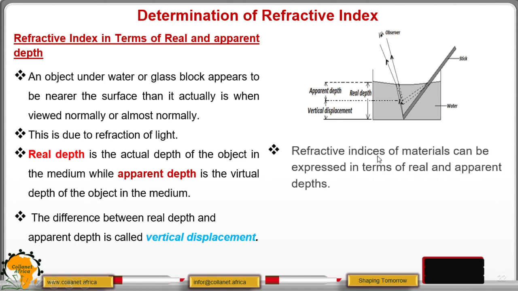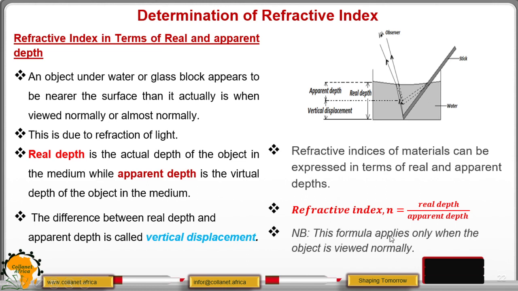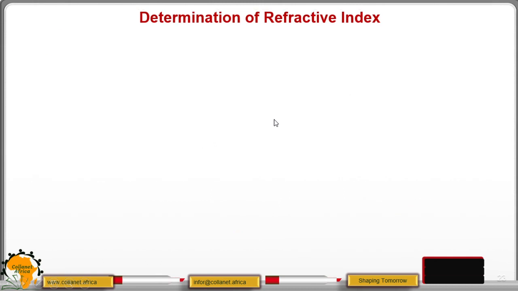Refractive indices of materials can be expressed in terms of real and apparent depths. By definition, the refractive index n is given by the real depth over the apparent depth. This formula only applies when the object is viewed normally. That is what you should note: the object appears nearer the surface when it is viewed normally.